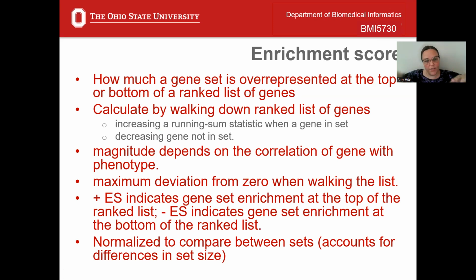Then once every gene set gets an enrichment score, those scores are normalized based on the size of the set. That's what you can use, your normalized enrichment score, to compare set versus set. There's also going to be a p-value and an adjusted p-value, so think about those as things you can filter on.